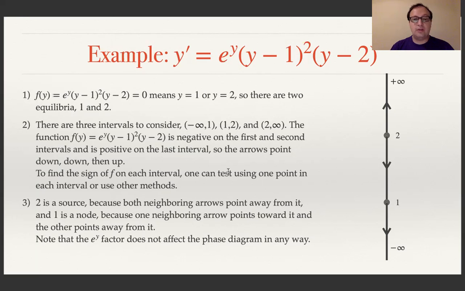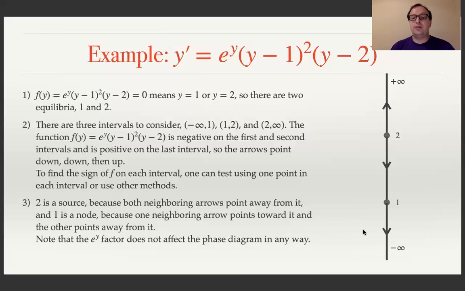Finally, if y is bigger than 2, then all the factors in this product are positive. e^y is positive, (y - 1)^2 is positive, and y - 2 is also positive. So f is positive on this third interval.